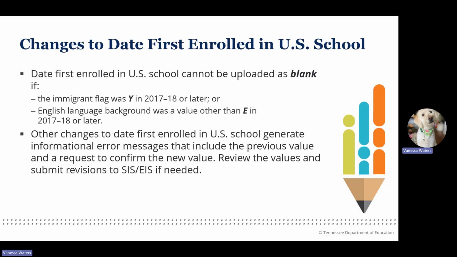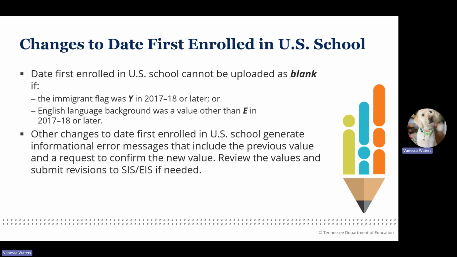And lastly, we're going to look at date first enrolled in U.S. schools. So date first enrolled in U.S. school cannot be uploaded as blank if the immigrant flag was Y in 2017-18 or later, or English language background was a value other than E in 2017 or later.